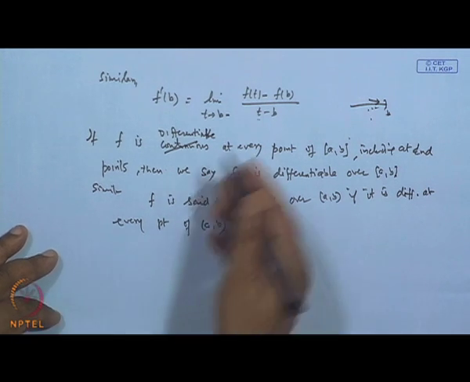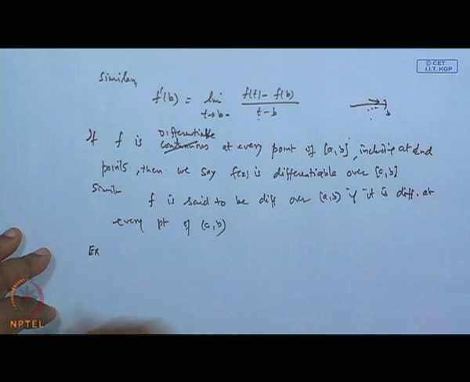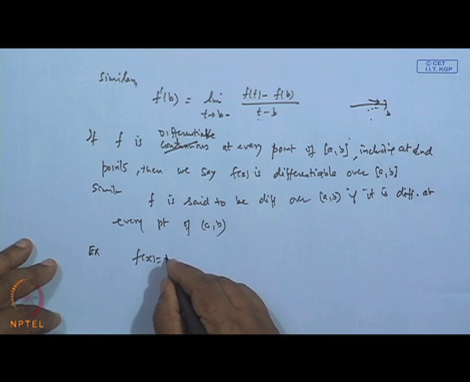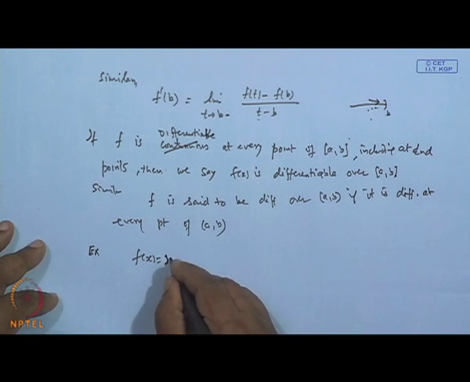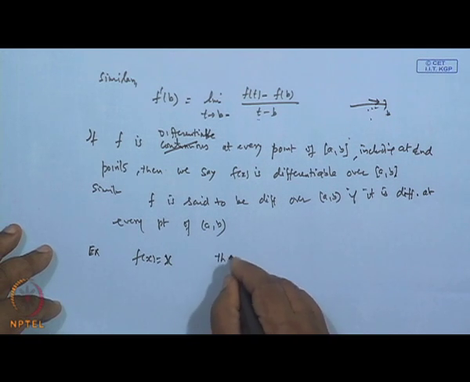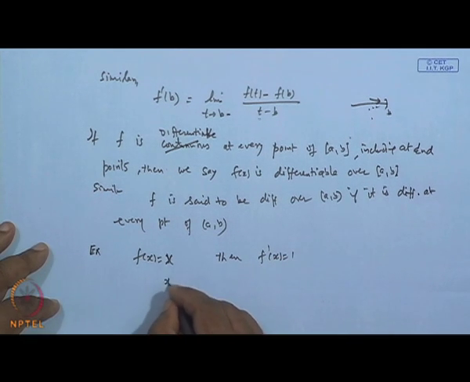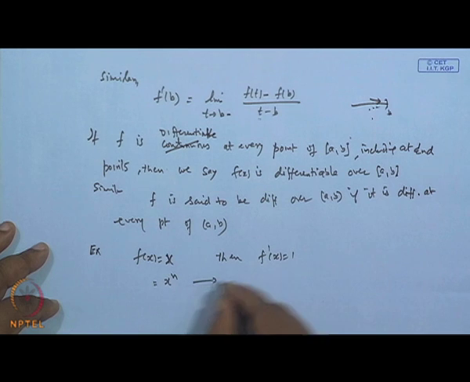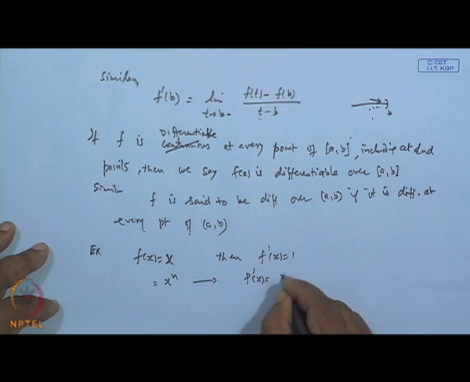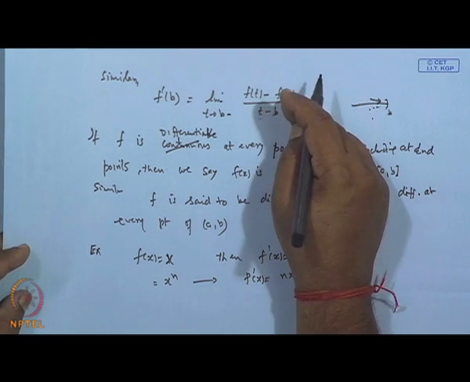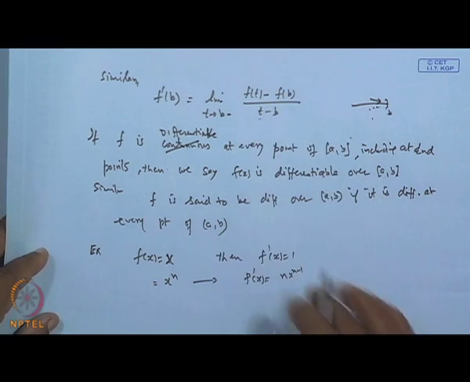Now, using this definition, one can easily show that if f(x) equals 1, the derivative will be 0. If f(x) equals x, then the derivative of this function will be 1. In general, if f(x) is x to the power n, the derivative will be equal to n x to the power n minus 1, which can be proved directly with the help of these results.